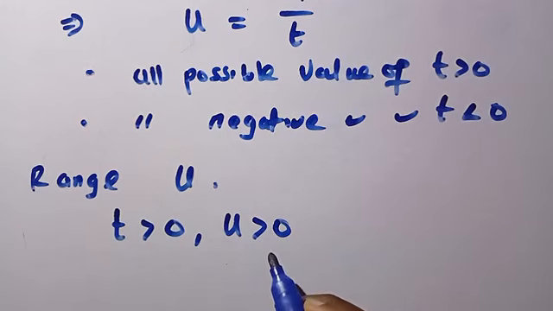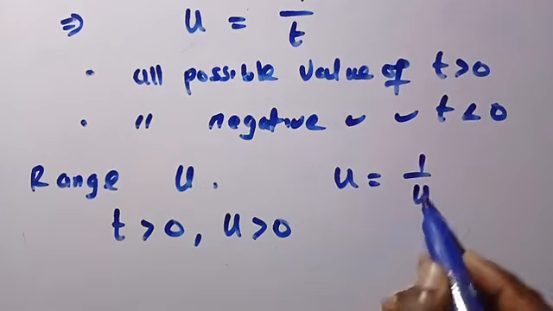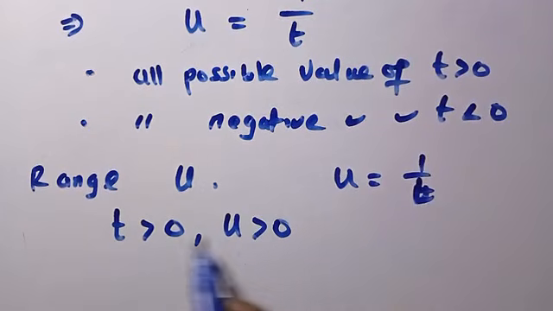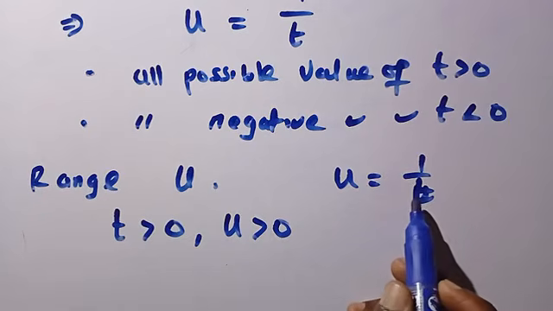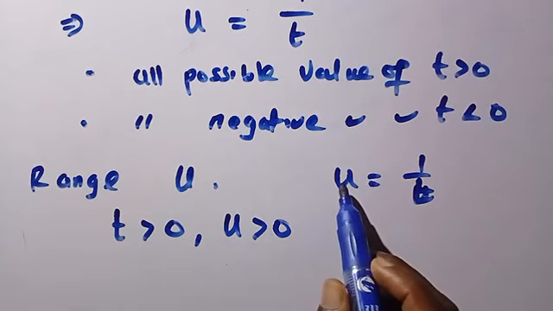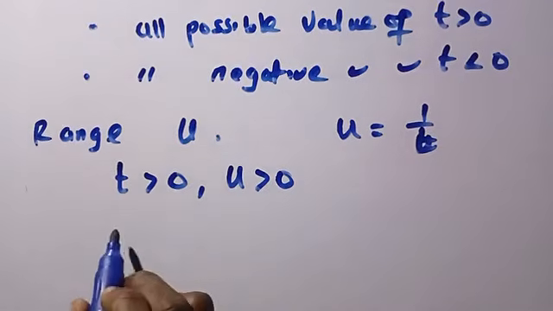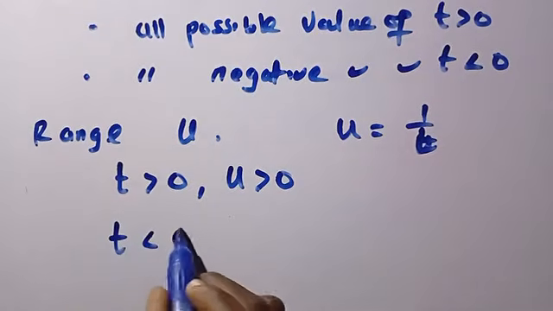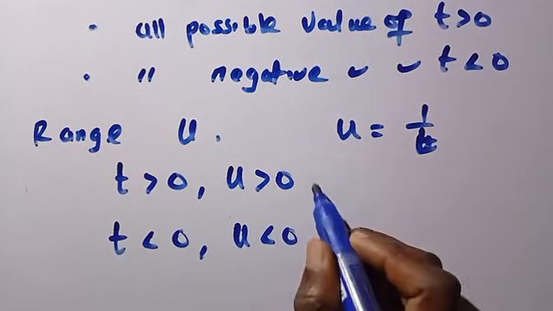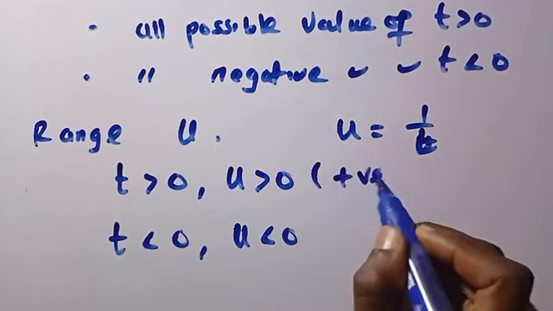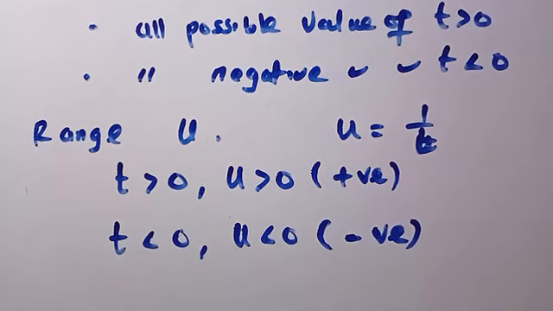As far as it is positive, using u equals 1 divided by t, u is never equal to 0, so we have u greater than 0. And if t is less than 0, then u is also less than 0. So this is for all positive, and this is for all negative.